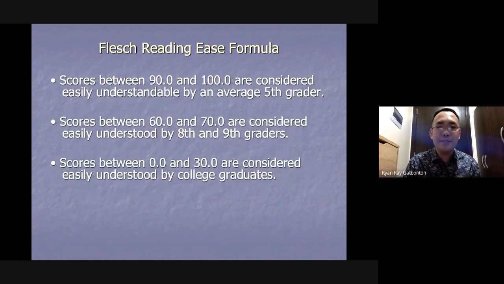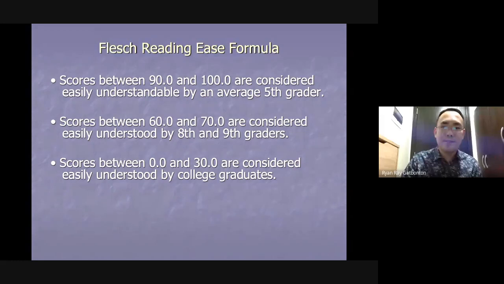Now, the Flesch reading ease formula has the following range. Scores between 90 to 100 are considered easily understandable by an average fifth grader, those that fall between 60 to 70 are easily understood by 8th to 9th graders, while those falling under 0 to 30 are understandable by college graduates.